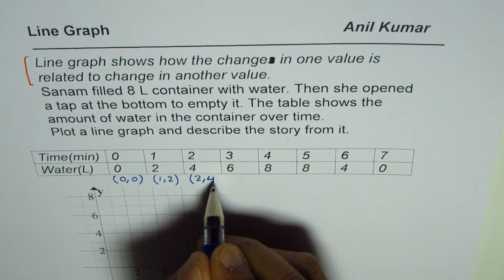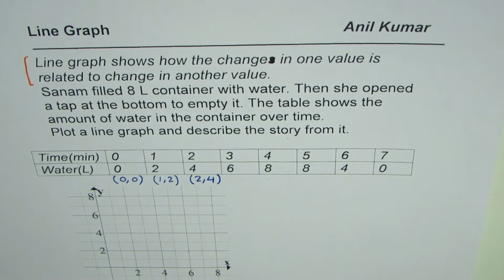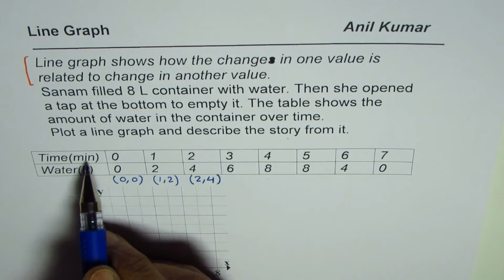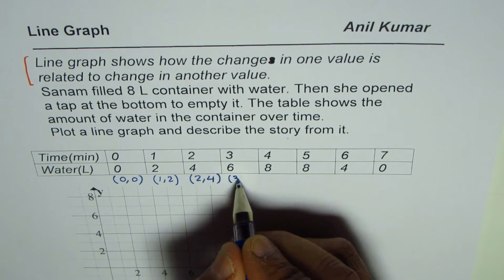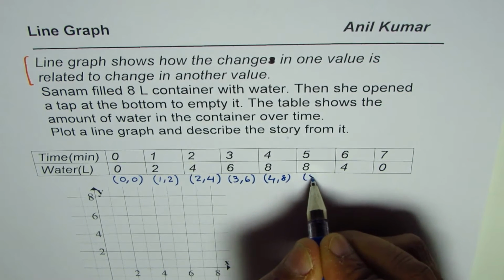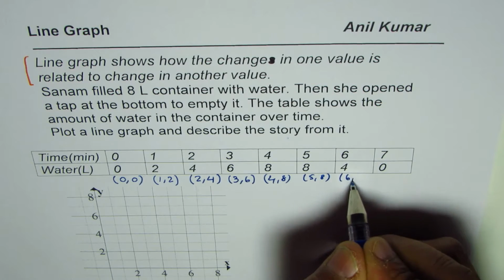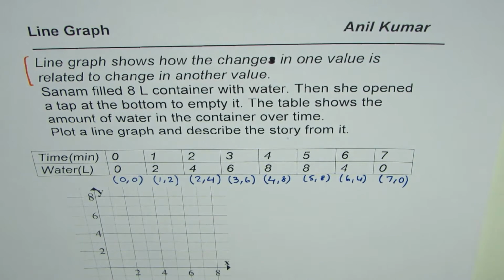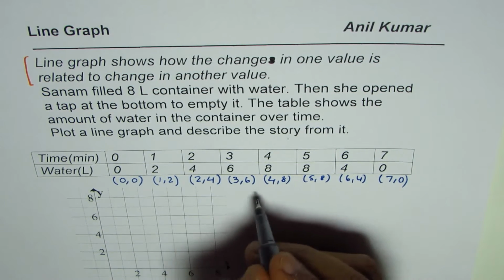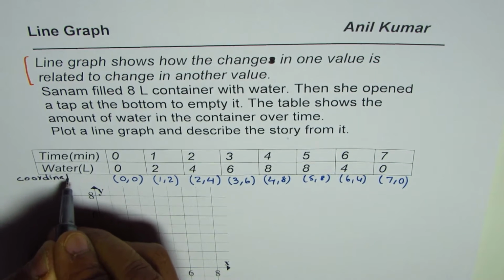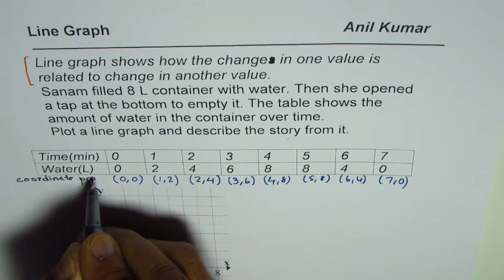So the readings in the table indicate what happens to the water level as time goes on. After 3 minutes it is 6, then (4, 8), (5, 8), (6, 4), and (7, 0). So these are the coordinate pairs. What we have got from the table is a set of coordinate pairs.